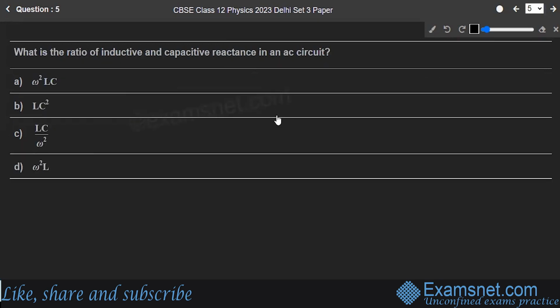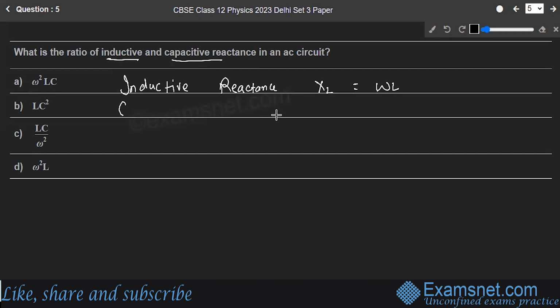What is the ratio of inductive and capacitive reactance in a circuit? First thing, you're talking about inductive and capacitive reactance. So inductive reactance XL is equal to angular frequency multiplied by L, the inductance.